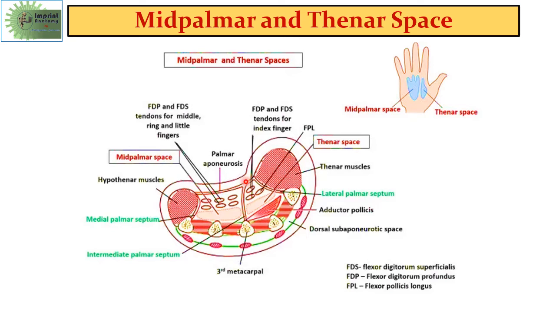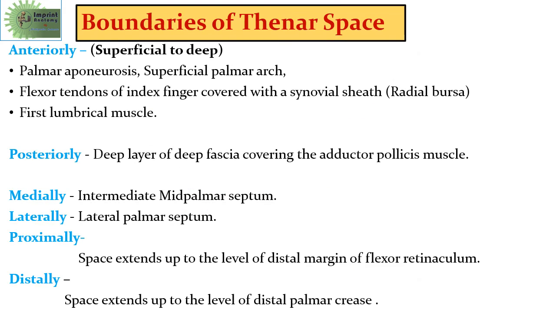So this is about the mid-palmar and the thenar space: the anterior boundary, posterior boundary, lateral boundary and the medial boundary. This is all we have seen on the diagram.